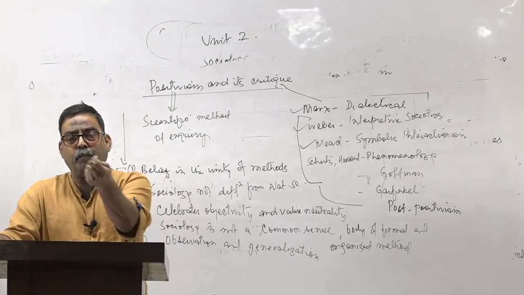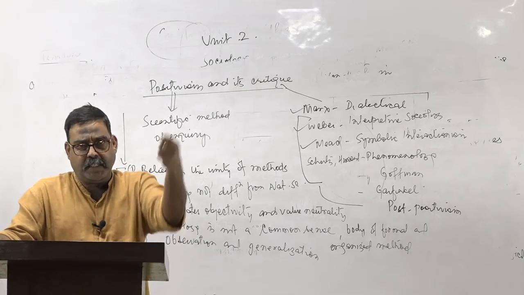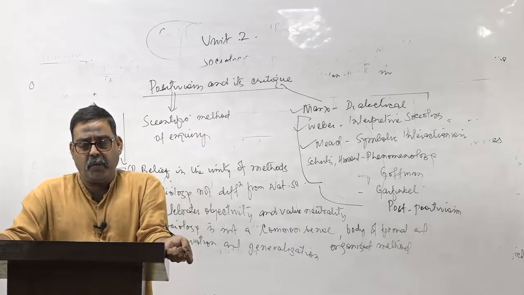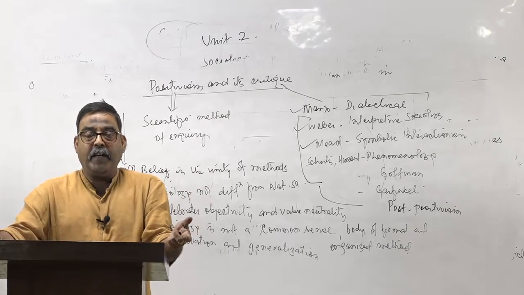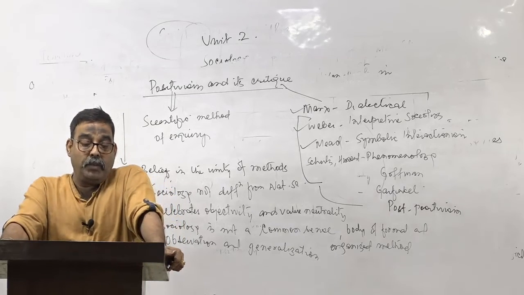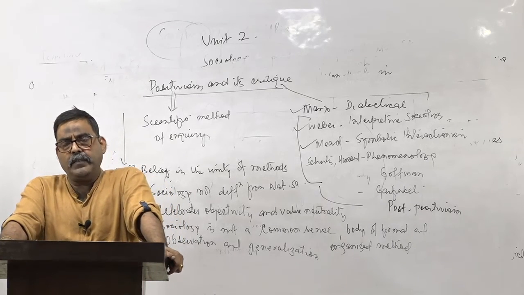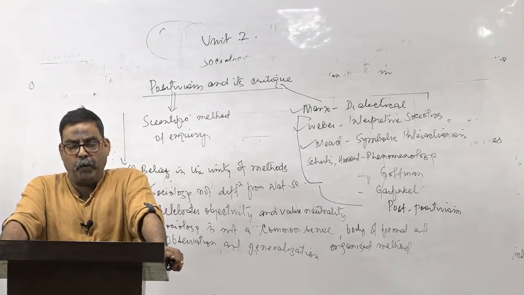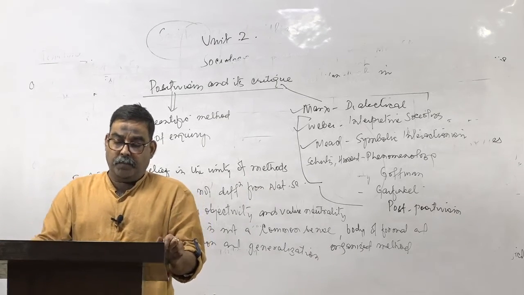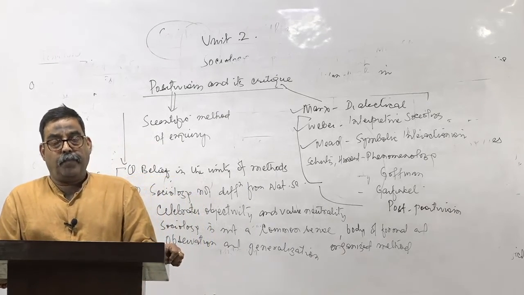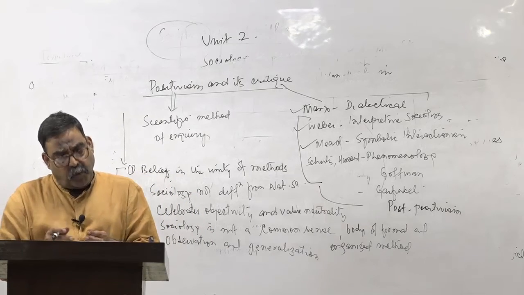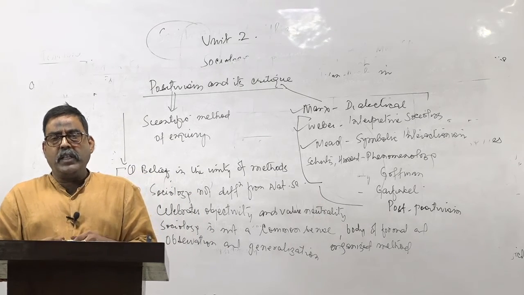We can also look in terms of macro and micro perspective, which I said at the very beginning of the class today. The debate which is coming out in terms of facts and values is now intensifying, and is now being raised by the positivist and the non-positivist. And that debate is also emerging related to sociology as a science.